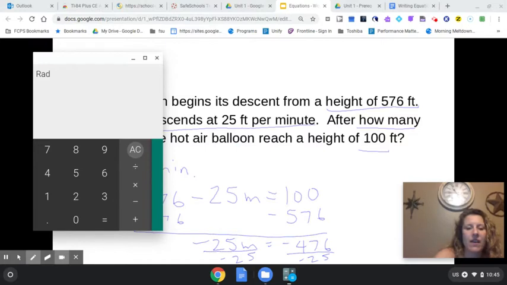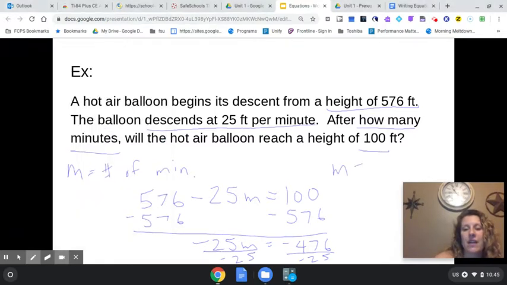We have negative 476 divided by a negative, oh, it won't let me put a negative sign in here. Okay, so let's talk about signs separately. A negative divided by a negative is going to make a positive value. So really, I'm just dividing 476 by 25. Okay, and I get 19.04.